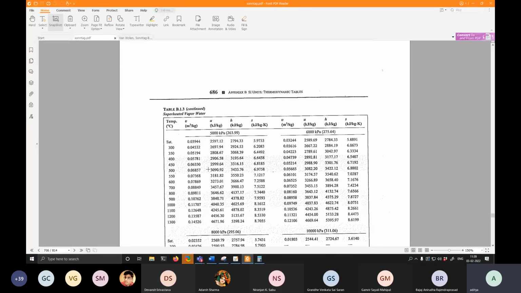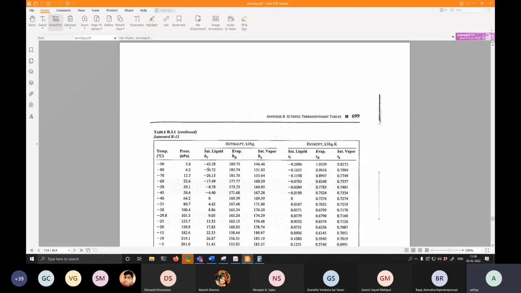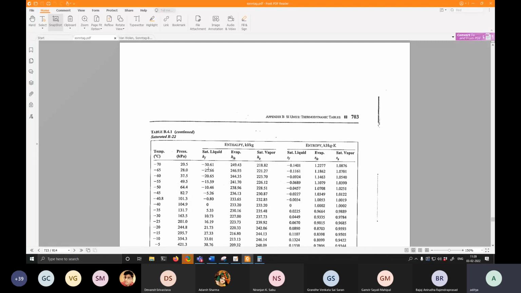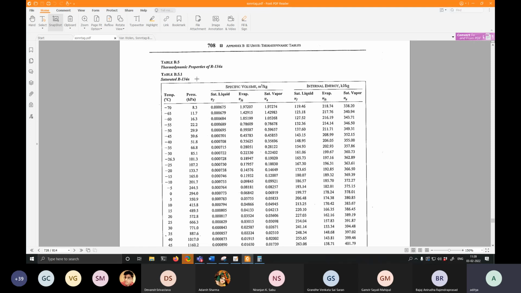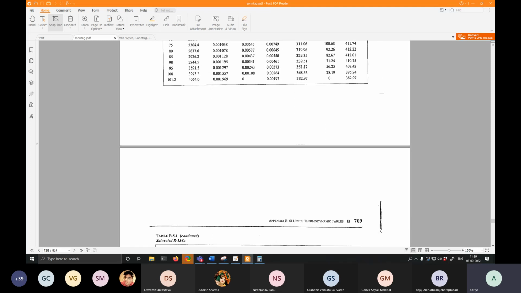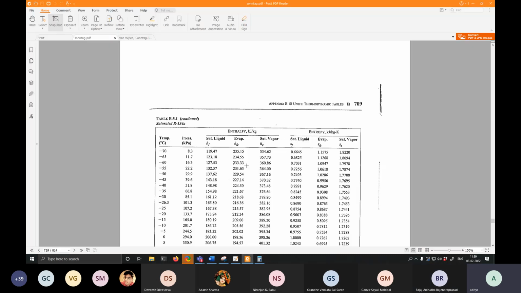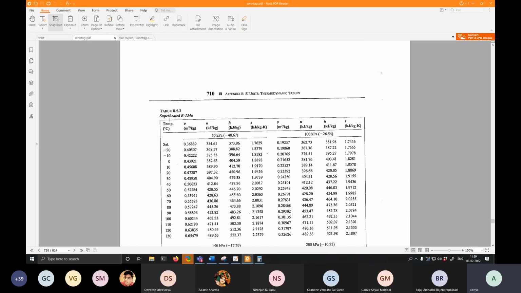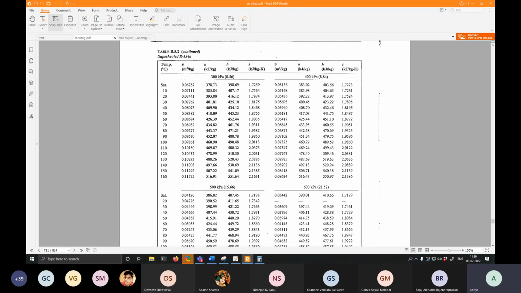This is superheated vapor, so we need to go to R134A. This is R12, R22, R134A. We have properties of R134A, but the first point is superheated vapor at 350 kilopascal. So this is superheated R134A and this is the 300 kPa table.